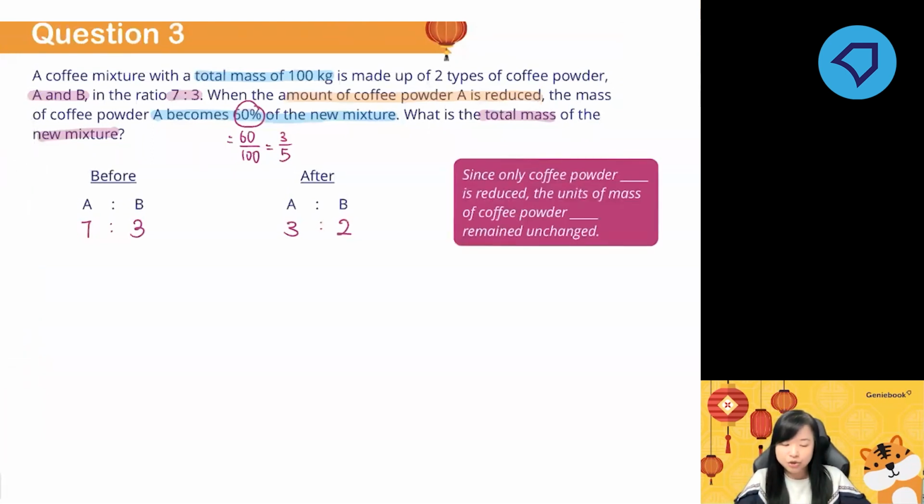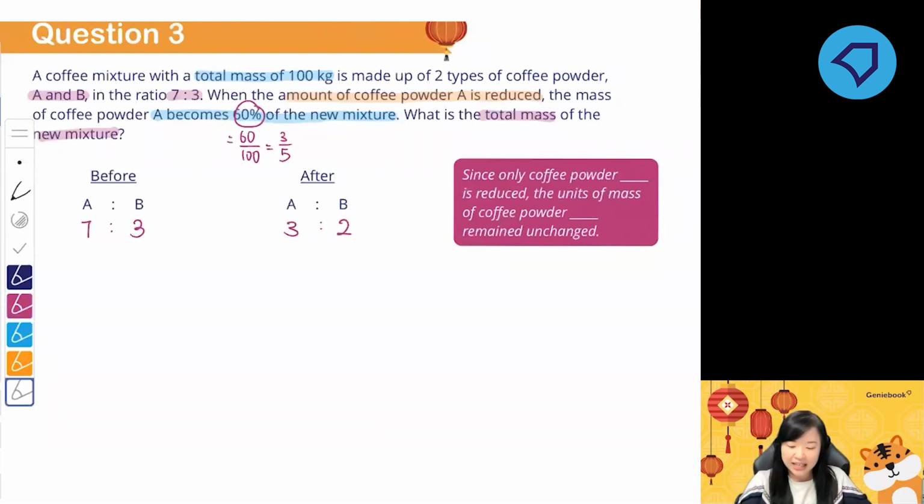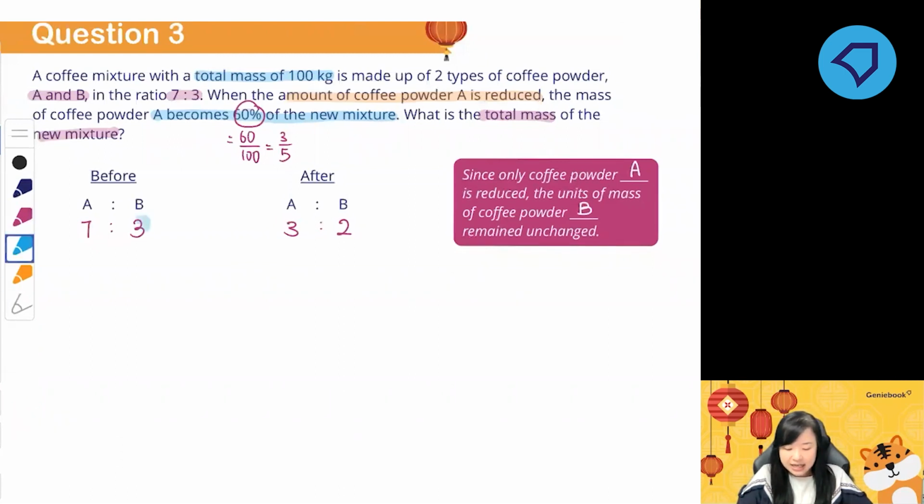And now, as usual, let's fill in this. Can you tell me which coffee powder is being reduced? A is being reduced. Hence, we know that which one remains the same? Xingyi, B remains unchanged. So I'm going to highlight my B so that I can see that these are the units that I must make the same.